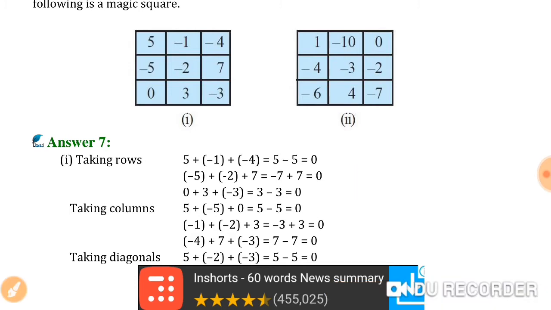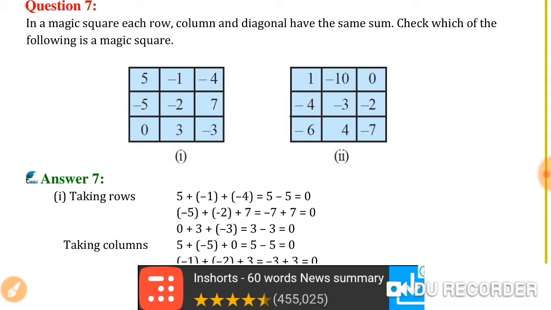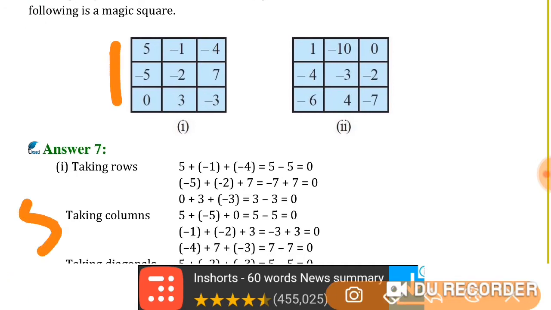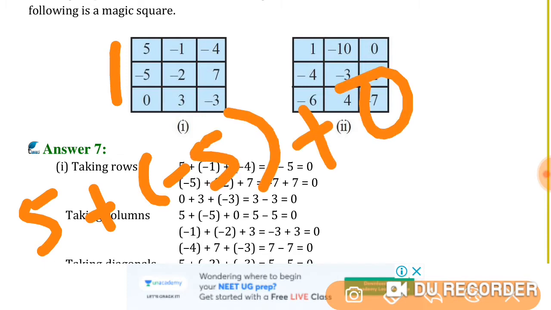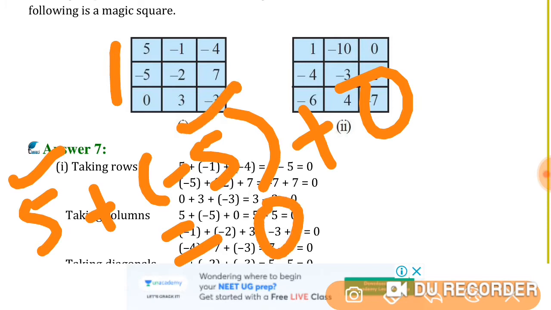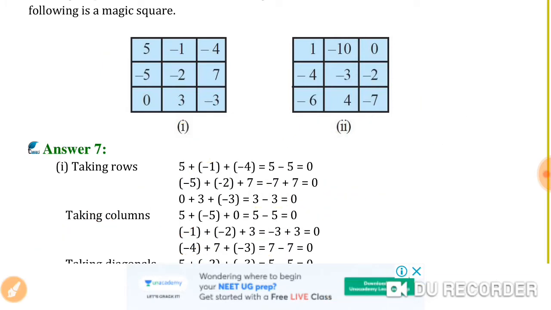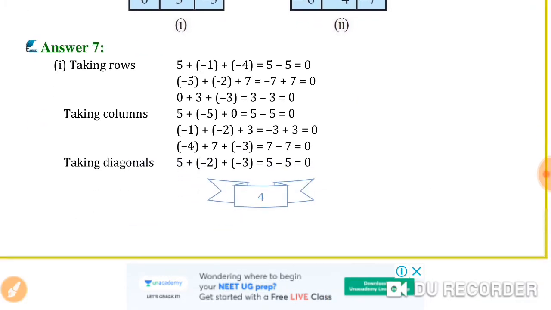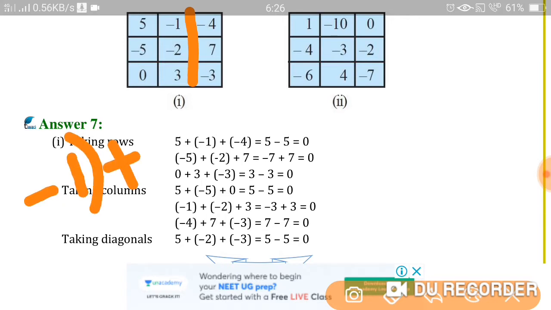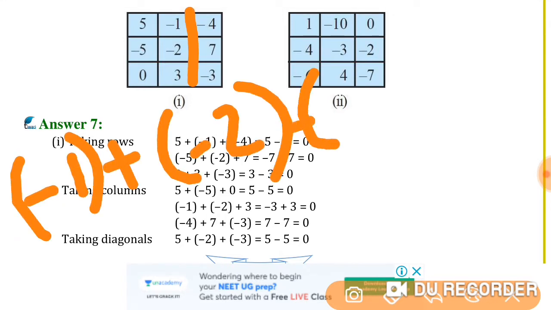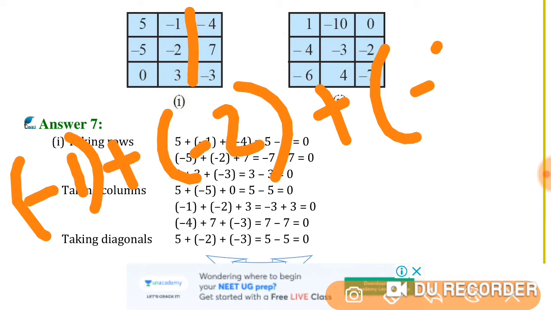Now column wise we have to take. This column, minus 5 plus 0 plus 5. So plus 5 minus 5 becomes 0. 0 plus 0 is 0. You'll get a 0 here. Then go for the second column, that is minus 1 plus minus 2 plus 3.